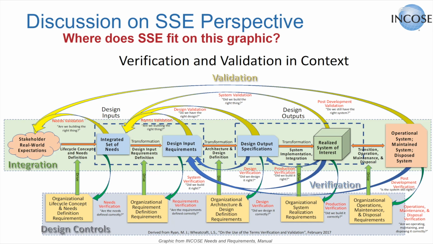And so all this information is together, and then it fits into this lifecycle concept needs definition process where, like you said, we're going to identify what the key risks are, but then we have to come up with a concept. So what's our lifecycle concept for how we're going to handle those risks? And then out of that analysis should come a set of specific needs that will be included in our integrated set of needs dealing with all those different aspects of system security.